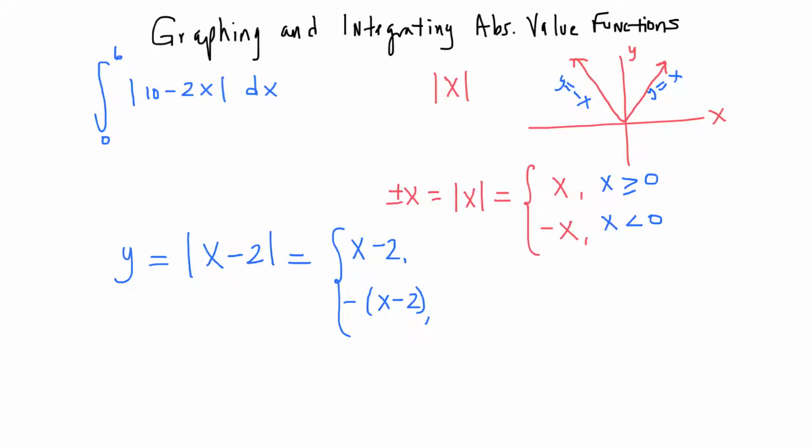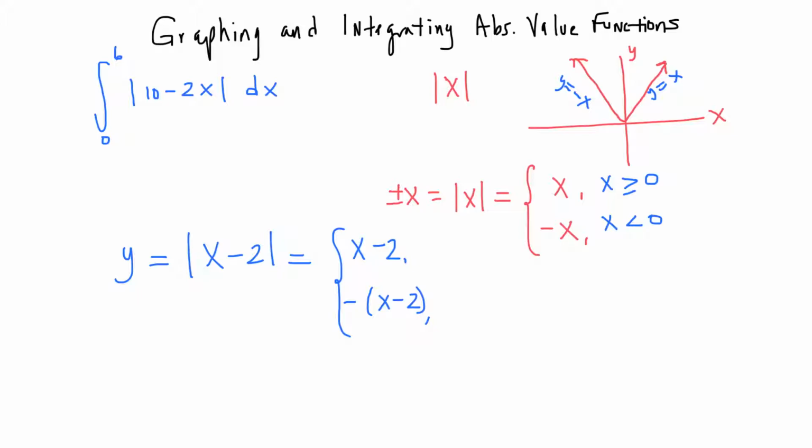How do I figure out the domains? On the first example, it was just from the graph you could figure out that when x is positive you see that piece, when x is negative you see the other piece. Here, if I don't have a picture of absolute value of x minus 2, then it's a little harder to think of the domains for those two pieces. But here's one thing you can do.